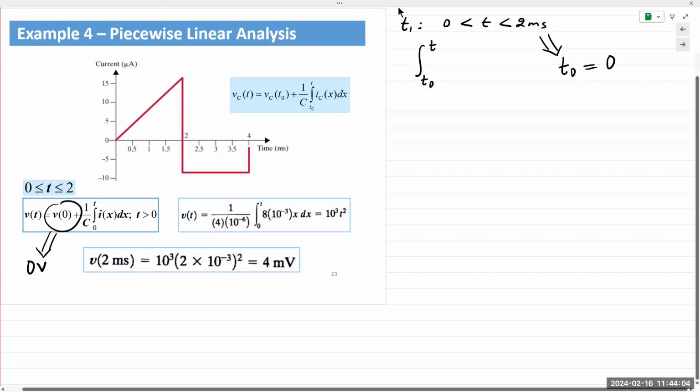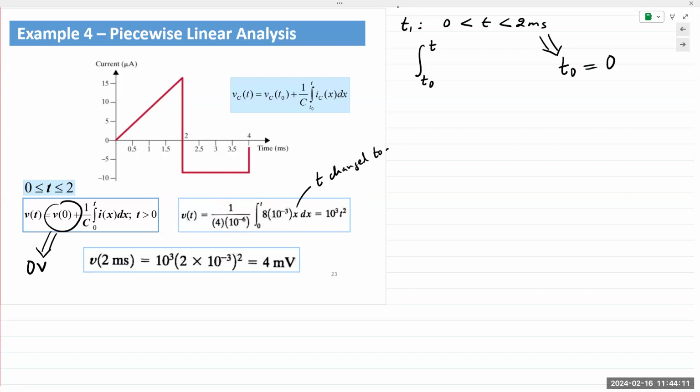The time t is changed to x, simply because the limit of the integral is also t, to avoid confusion. You can change it to anything you want, a, b, c, x, y, z, it doesn't really matter. If you use t in there, it just causes confusion.